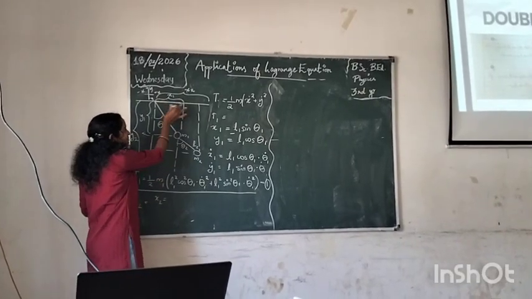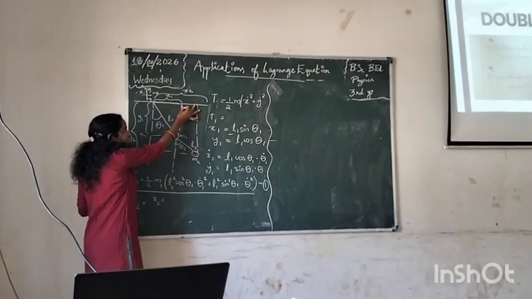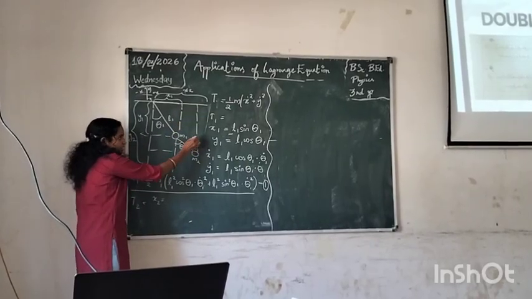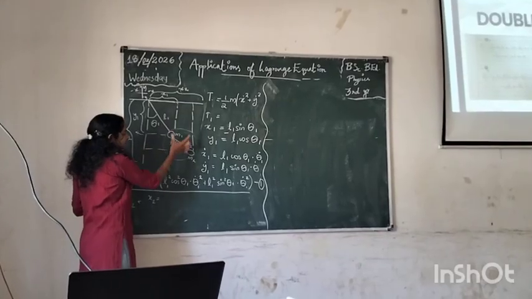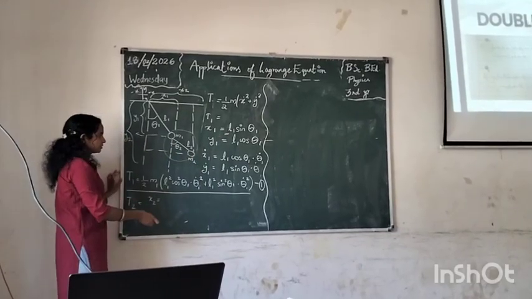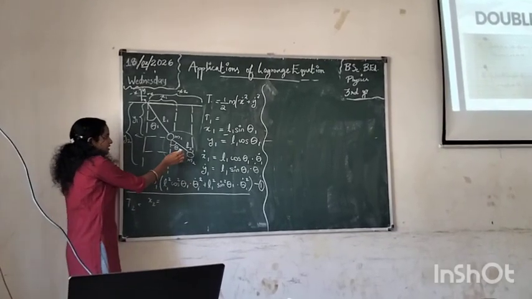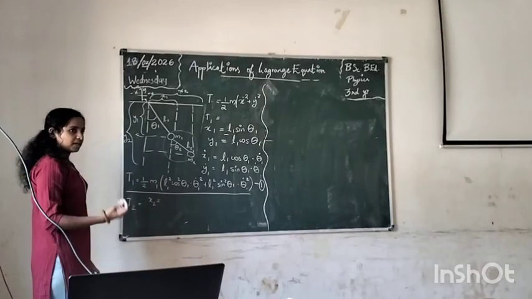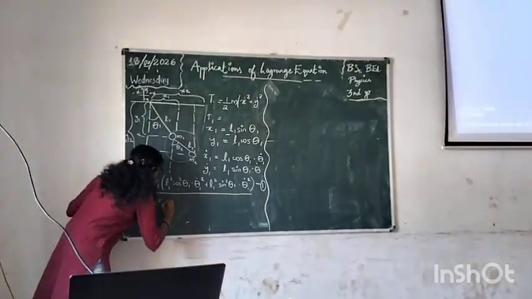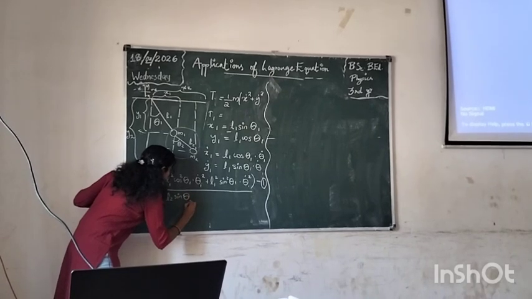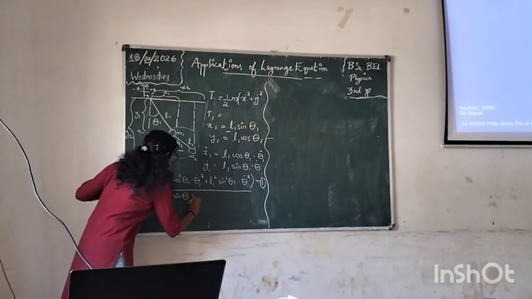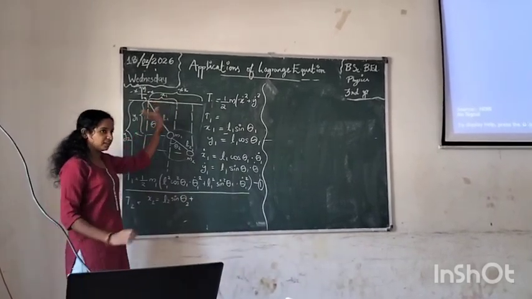So x1 plus this term, and this term we will get using this part of the figure. What will be this term? Yes, it will be L2 sin theta 2. So L2 sin theta 2 plus this part, then only we will get the total.